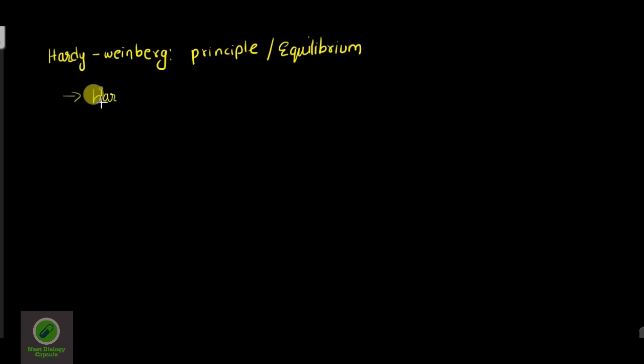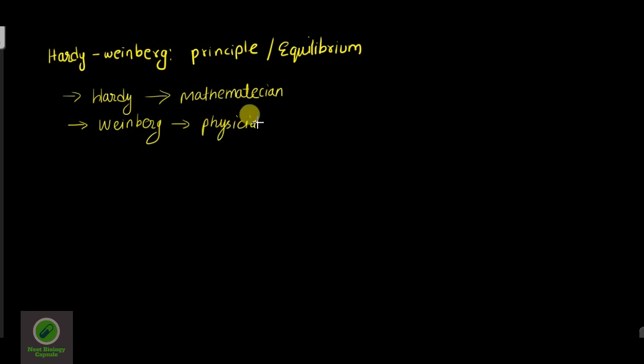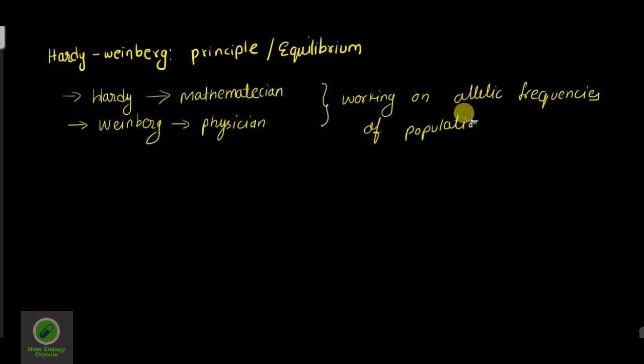There were two people, Hardy, who was a mathematician, and Weinberg, who was a great physician. These both individuals were working on population genetics, and they both were interested to understand how the allelic frequency changes from generation to generation.